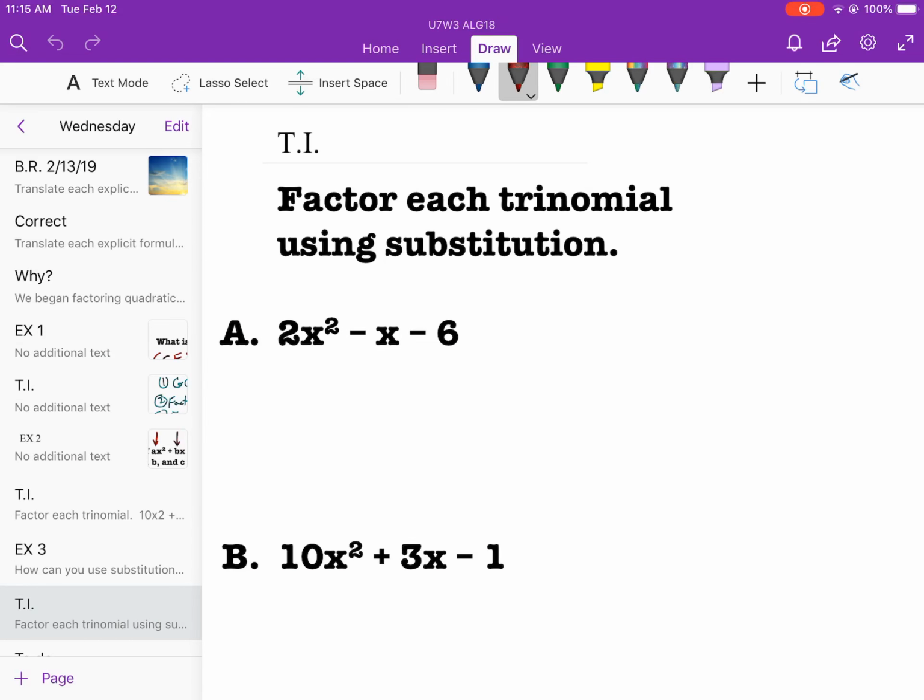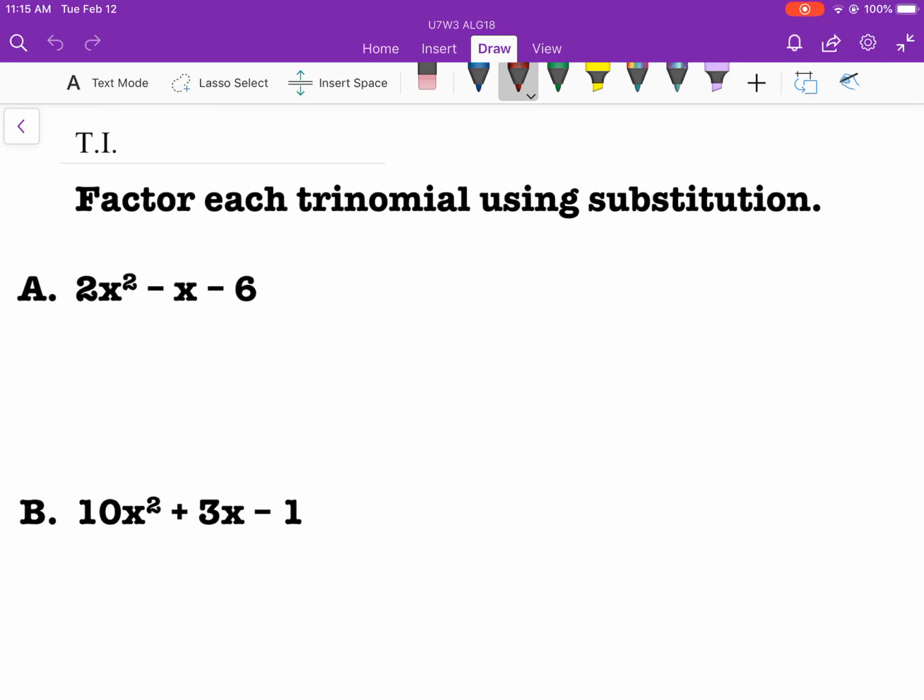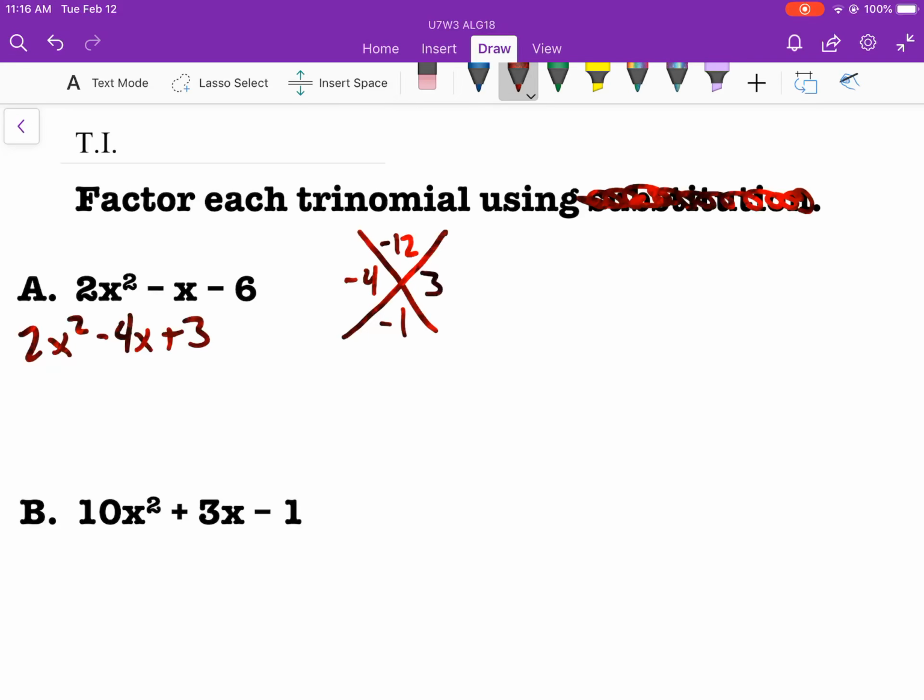Alright. One last little deal using substitution. Let's just keep using the x, because it's much more visually appealing, especially for those of you that are visual learners. So two numbers that multiply to negative 12 and add to negative 1. So we could do negative 4, positive 3. Rewrite the expression. Plus 3 minus 6.